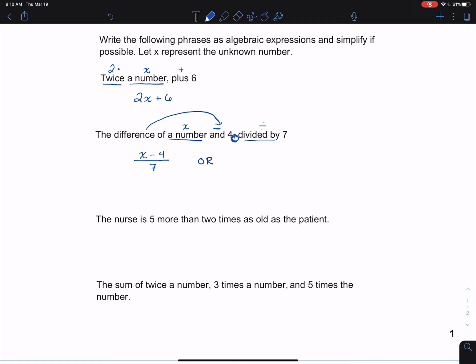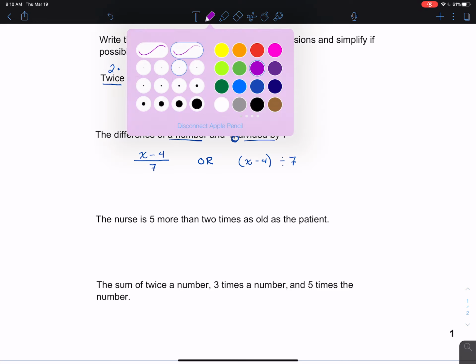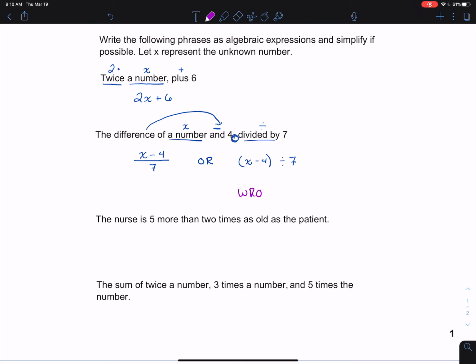Or I could use parentheses to organize it and say that I need x minus 4, that whole difference, divided by 7.